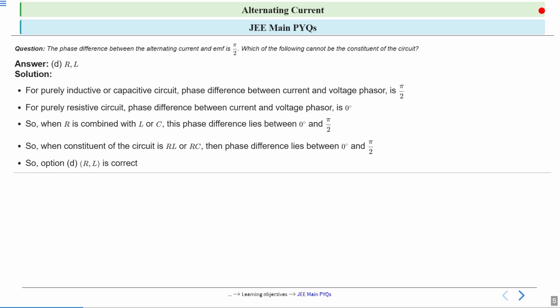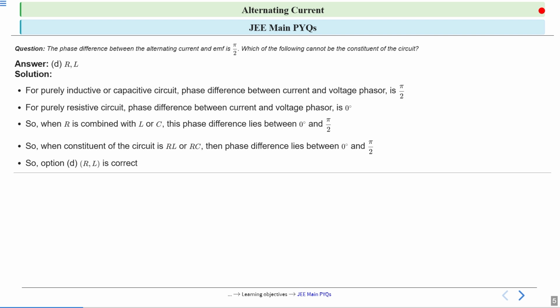We have seen in the phasor diagram, when we take VC plus VL, the combination or resultant of the VC phasor and the VL phasor, voltage across L and voltage across the capacitor, the resultant of these phasors came out to have a phase difference of pi by 2 with the current.